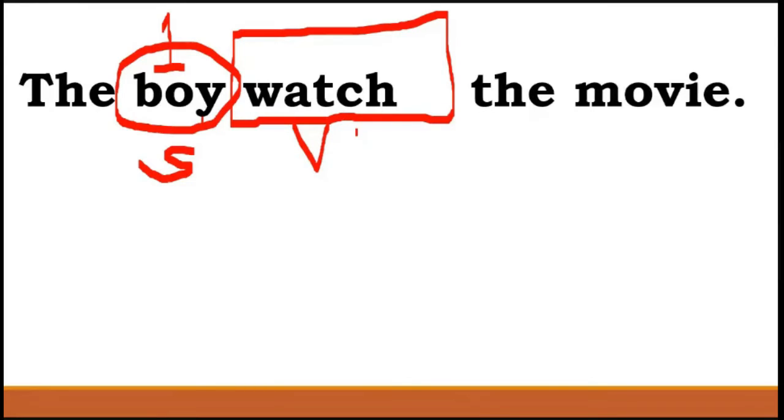What do we add to the word watch? We will add es to the verb. So the boy watches the movie. Okay po? So here in this sentence, the subject and the verb agree. Okay na po kasi pareha silang in singular form.